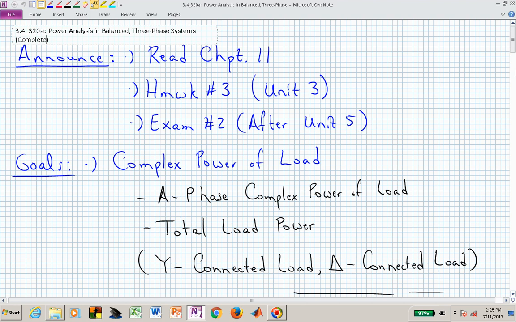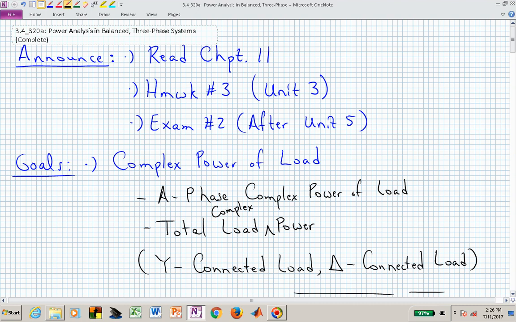We'll compute the A phase complex power of a load, and then if our system is balanced, the total load complex power will be 3 times any of the individual phase powers.